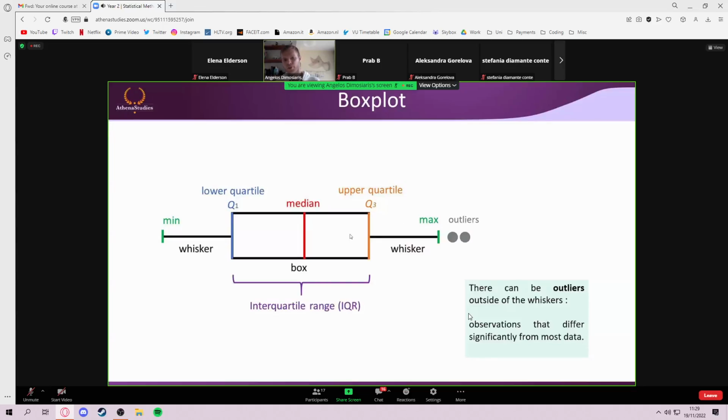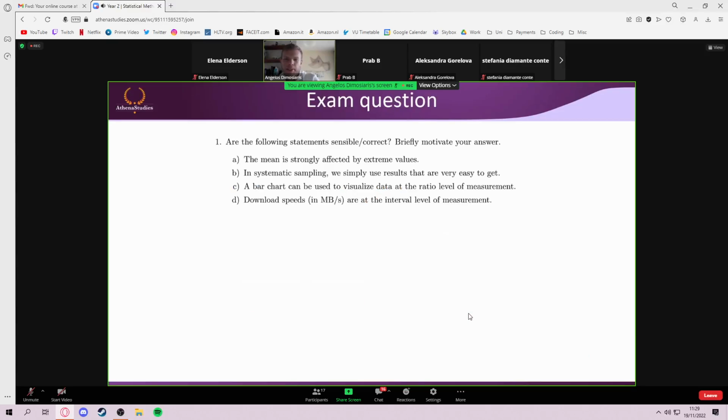When the median is closer to the Q3, then you have a negatively skewed distribution. I think we're going to see an example in a practice question, so let's wait for it. Hope this will become more clear.